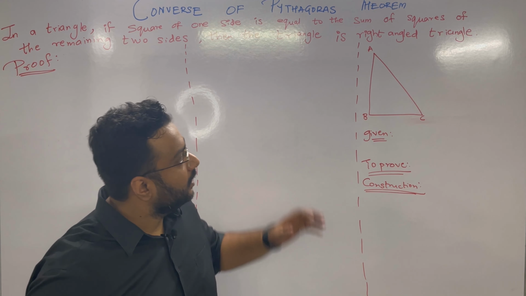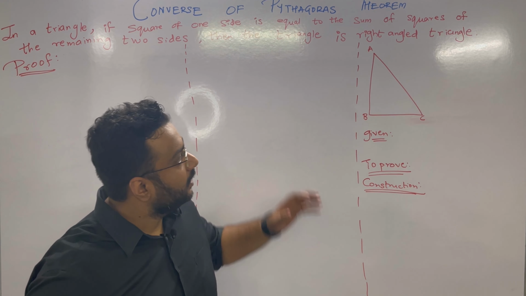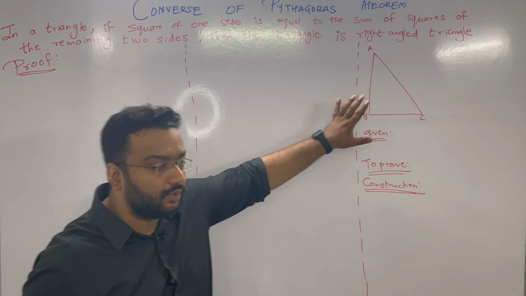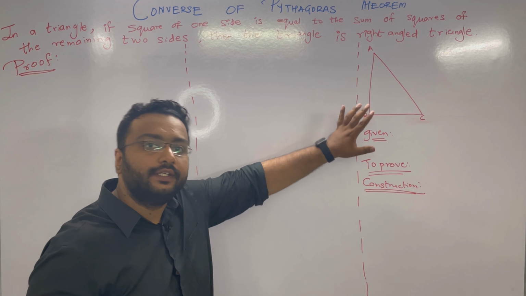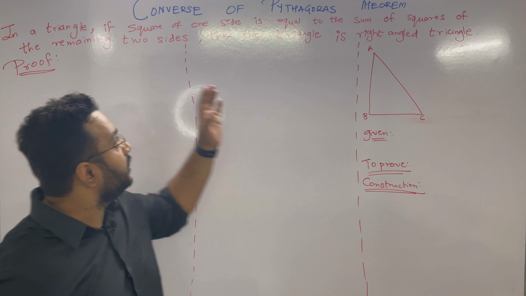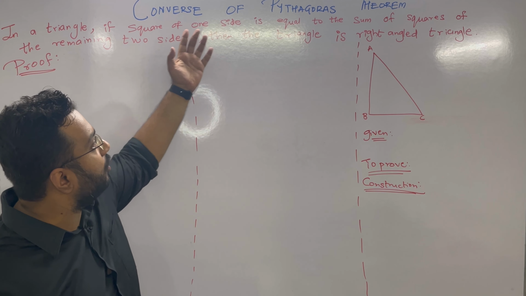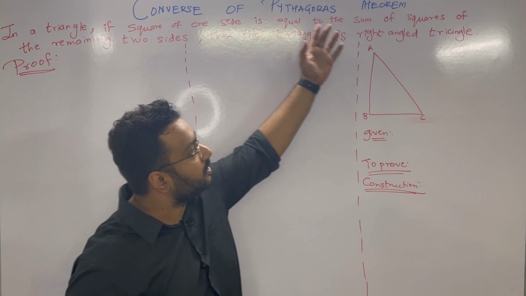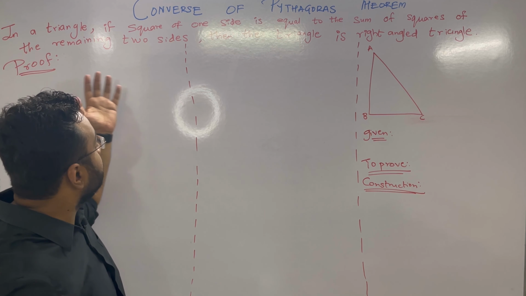See, observe here, we need to prove the converse of Pythagoras theorem. Let's see the statement. The statement says, in a triangle, and we have a triangle already given to us in the question, if the square of one side is equal to the sum of the squares of the remaining two sides.